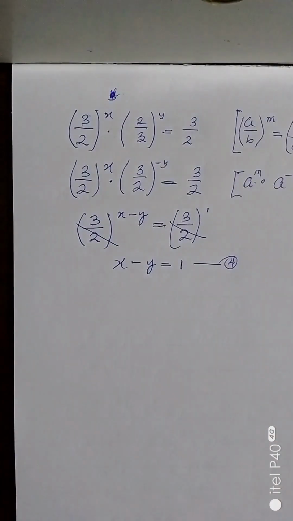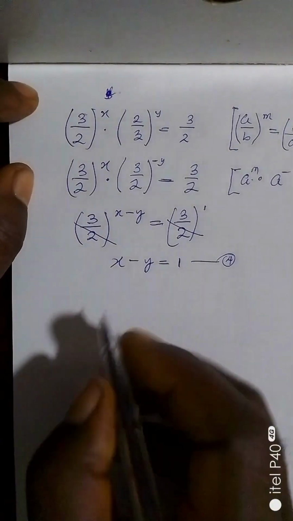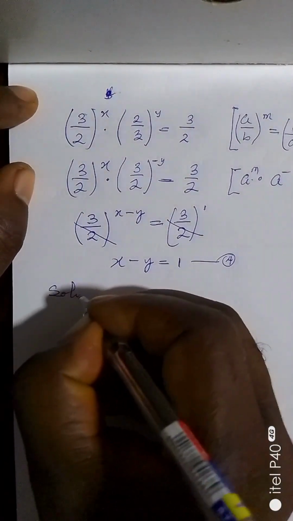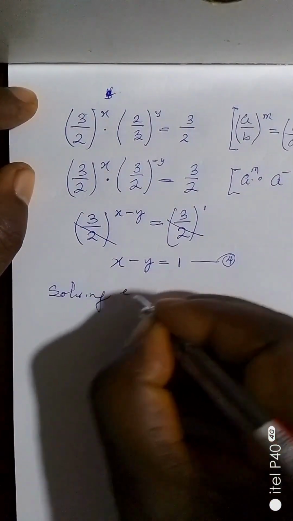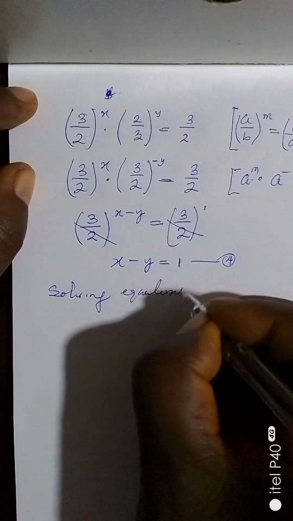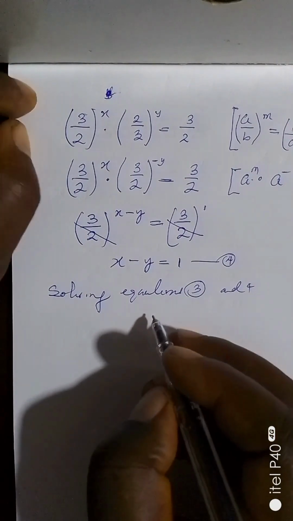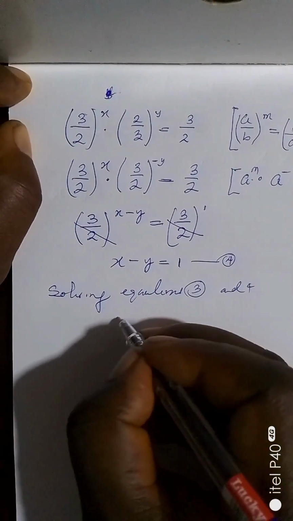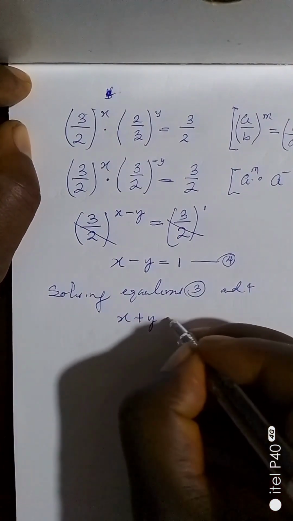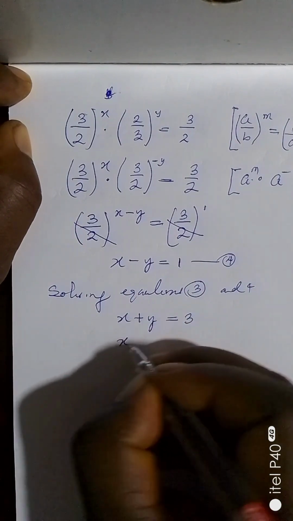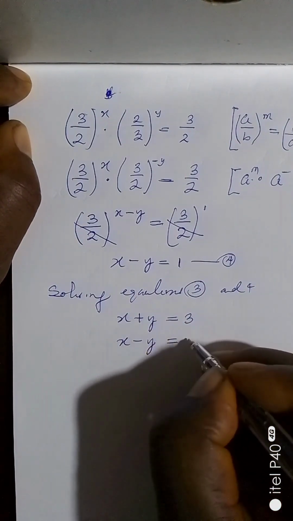Now I'm going to solve equations 3 and 4 to get the values of x and y. So equation 3 is x plus y equal to 3, and equation 4 is x minus y equal to 1.